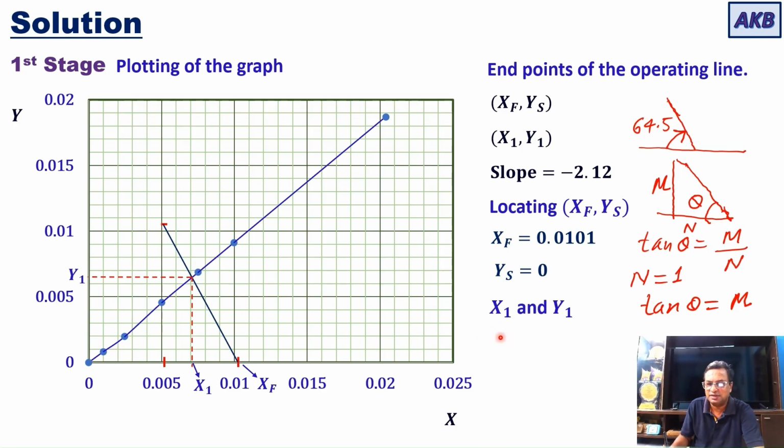So if I read these values, X1 in this case is 0.0071. So you can see 0.005, 0.006, 0.007, and the point is located at 0.0071. Whereas Y1 is 0.0065: 0.005, 0.006, and 0.0065. So these are my calculations for stage 1. At the end of these calculations, I have got the values of X1 and Y1.